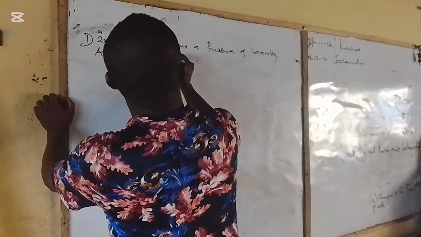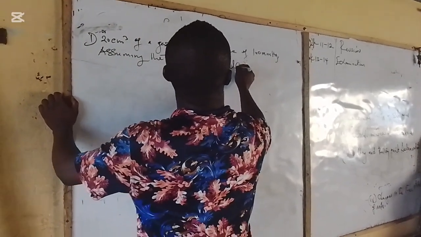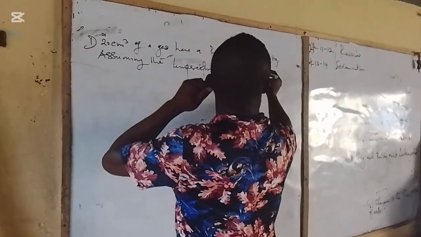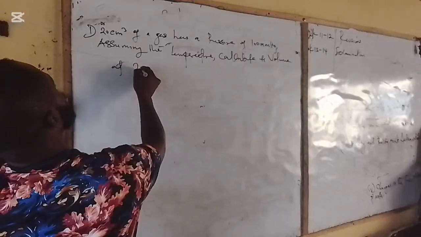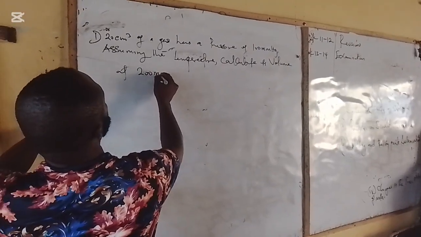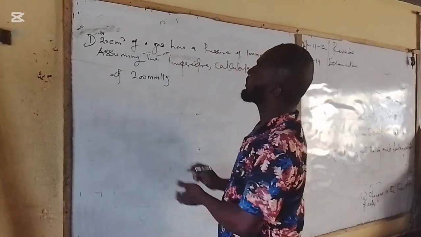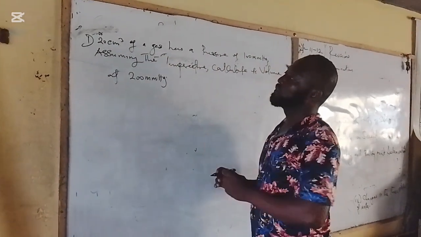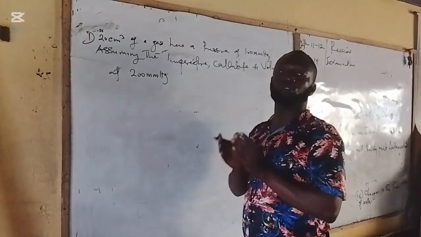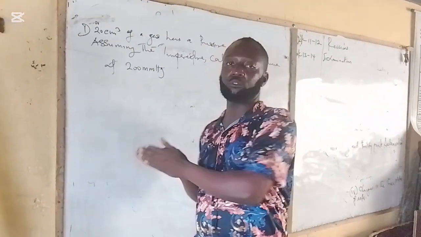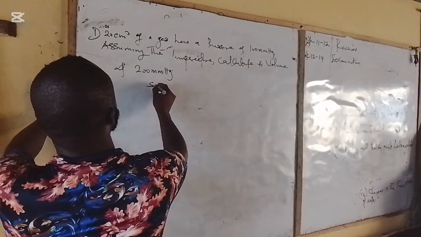Assuming the temperature is constant, calculate its volume at 200 millimeter mercury. Okay, my viewers, this question is normally the type of question you do expect from WAEC. I don't necessarily mean that it must only come from WAEC. You can also see this question from JAMB, but this is just WAEC standard. So if you see a question like this, what do you do?